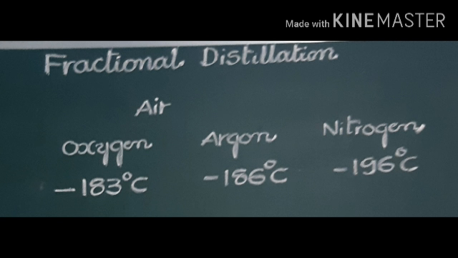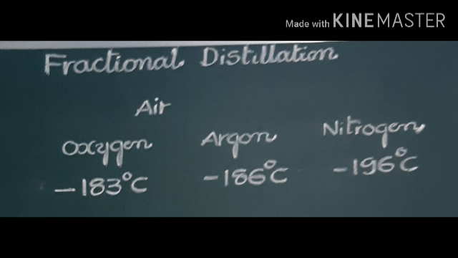For example, I have taken air. Air consists of many gases. I have taken oxygen, argon, nitrogen. Their boiling points are minus 180 degrees centigrade for oxygen, argon minus 186 degrees centigrade, and nitrogen minus 196 degrees centigrade.